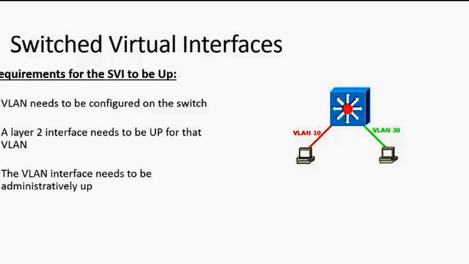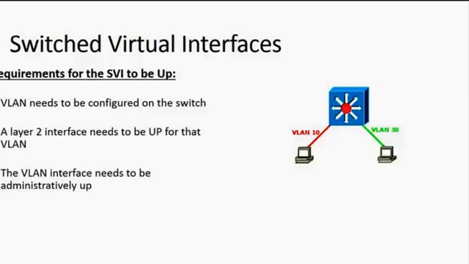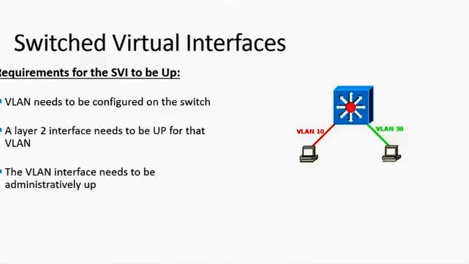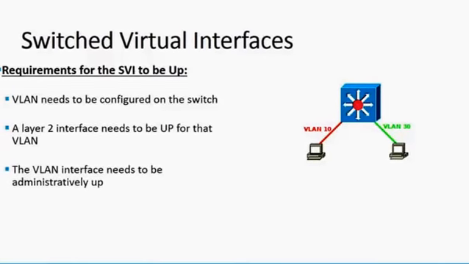VLANs 10 and 30 need to be in the VLAN database, and the VLAN interface itself needs to be administratively up, meaning we've got to do a no shutdown on the VLAN interface itself. So let's go ahead and look at how to configure SVIs. Let's look at the topology that we've created.